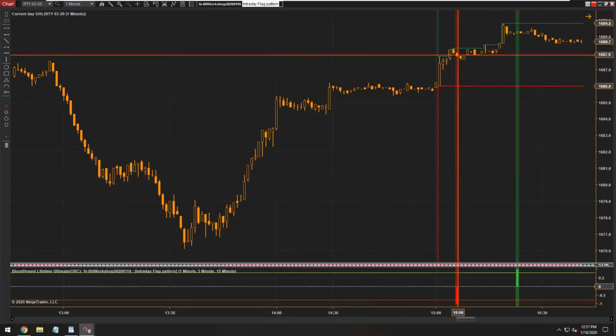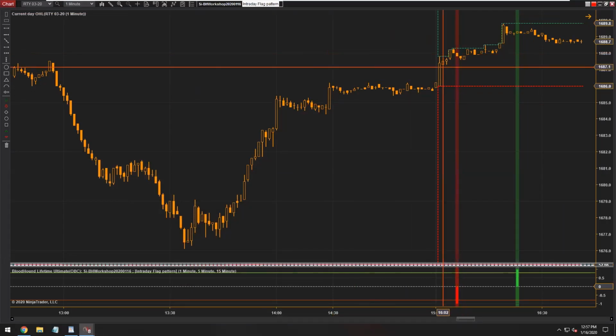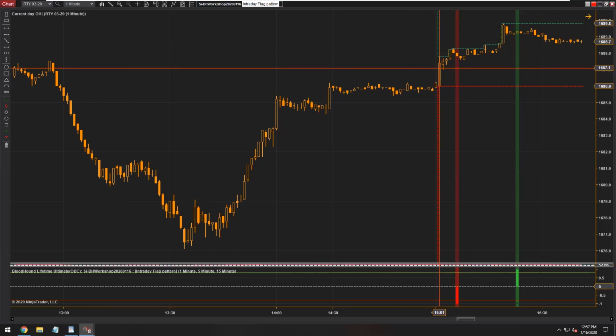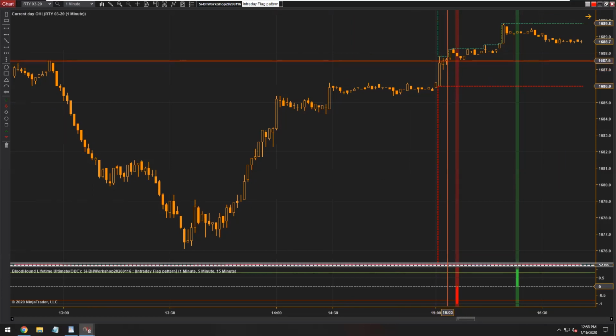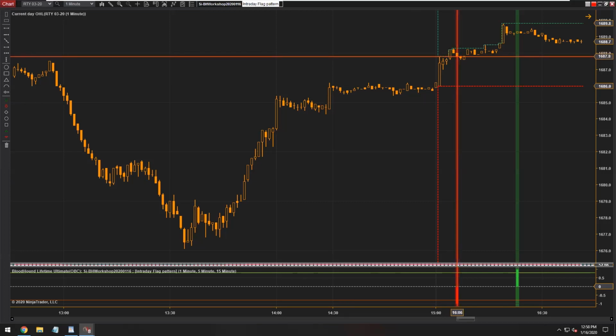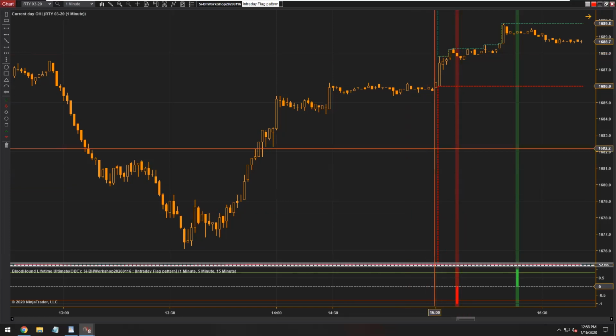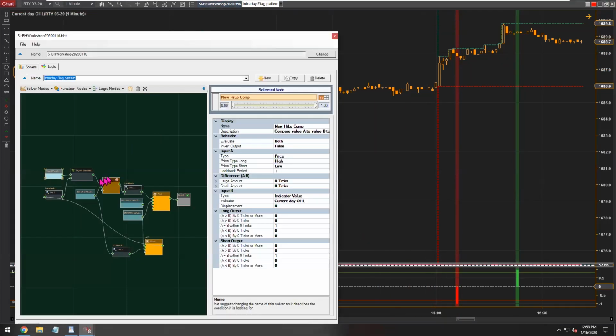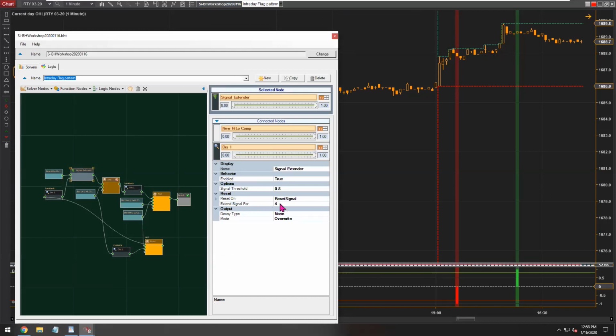If you don't want this one because it's on the 6th bar, we have 5 bars in the flag pattern, and then the 6th bar breaks the flag. If you don't want to include this extra 6th bar, we can simply go into our signal extender and reduce it down to 3.